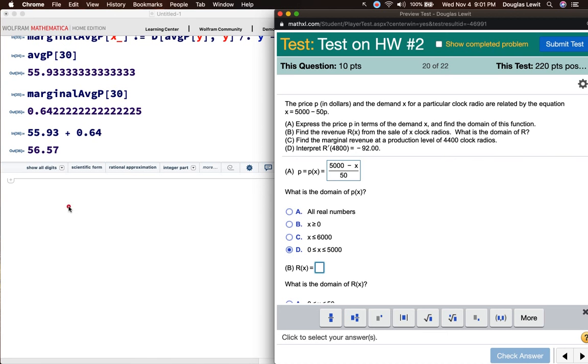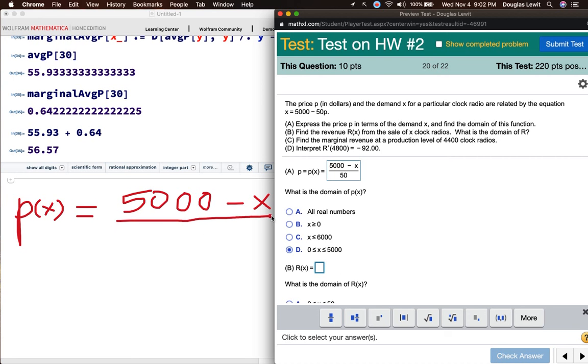Okay, so we have the function here, P of X is equal to 5,000 minus X, divided by 50. I'm actually writing with my trackpad, so I usually write a little better than this, guys, but this is the best I can do with my trackpad right now.